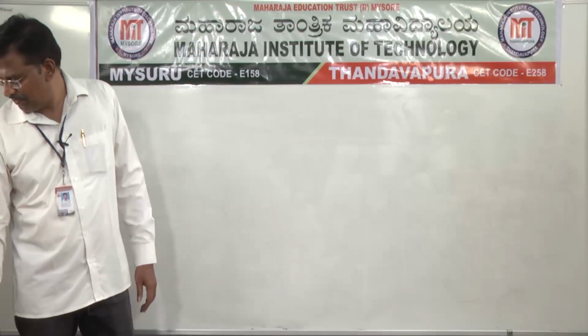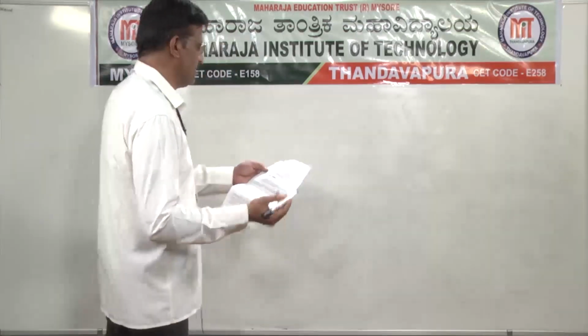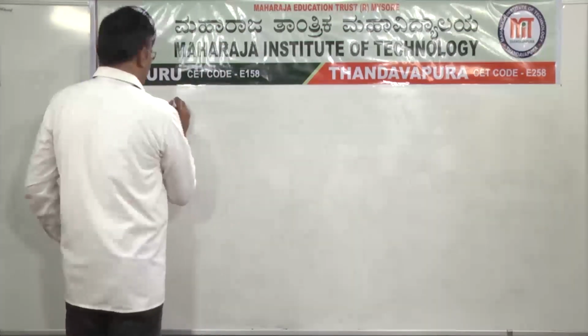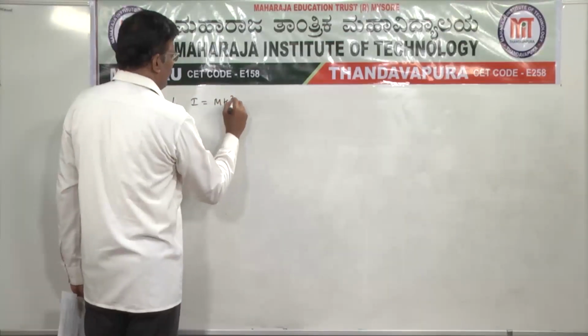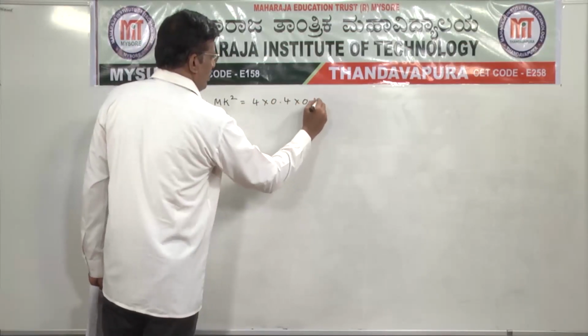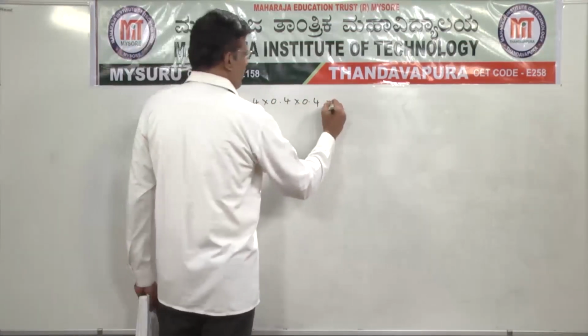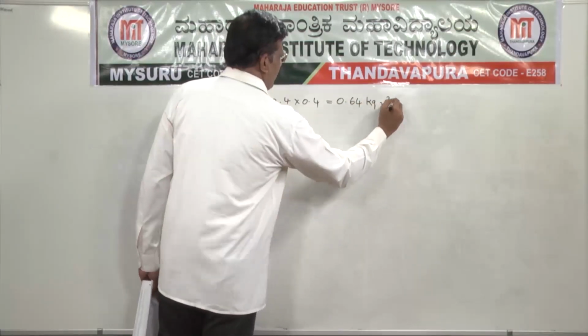Mass and radius of gyration only we should consider. So I is equal to m k squared, that is 4 into 0.4 into 0.4, that is equal to 0.64 kg meter squared.